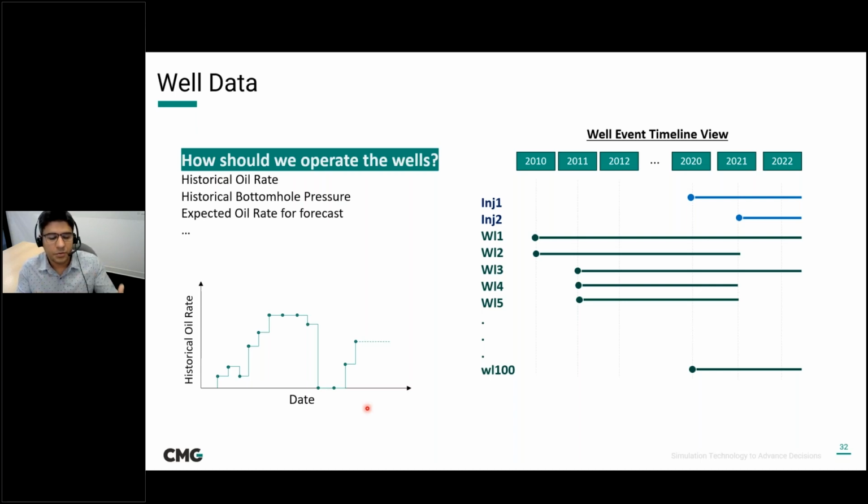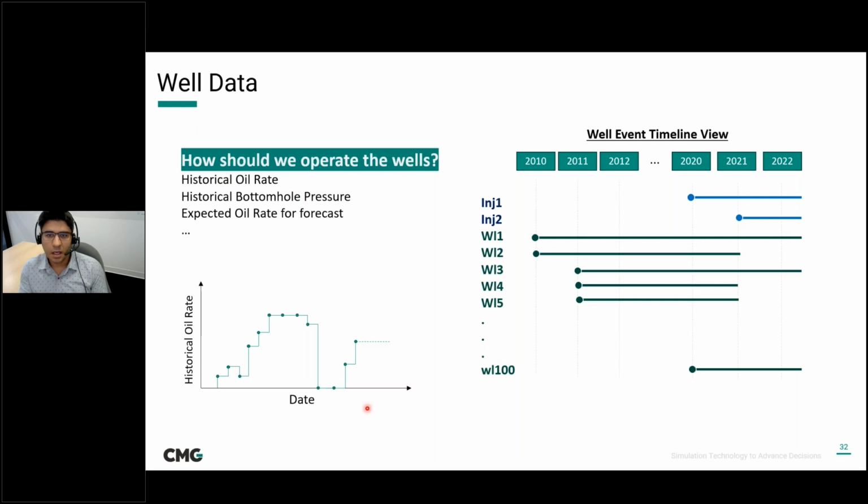You're trying to first find a model that actually represents the behavior of this uncertain reservoir. So you have to be able to easily and quickly import the historical rates, pressures, everything. And in real cases, you can easily run into hundreds of wells, so managing these wells and QCing the input can be quite overwhelming. We have different tools at CMG to help you QC the input of the wells.